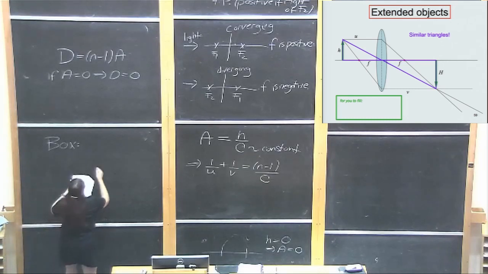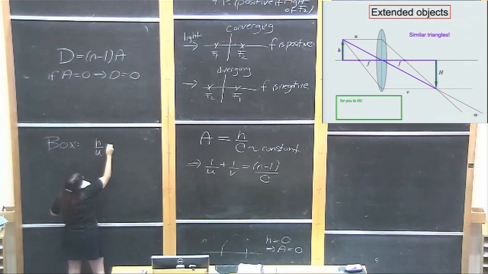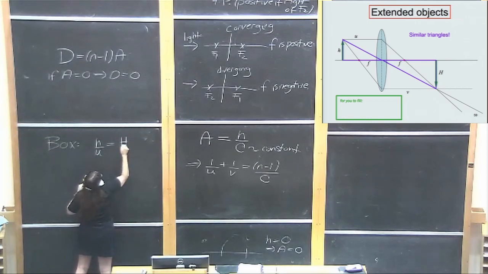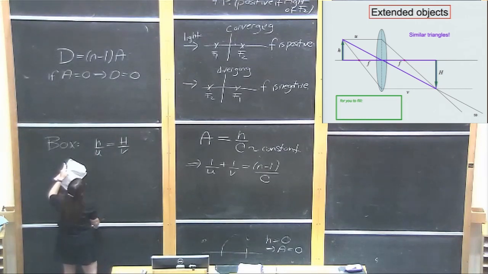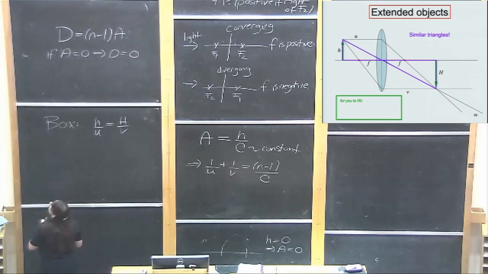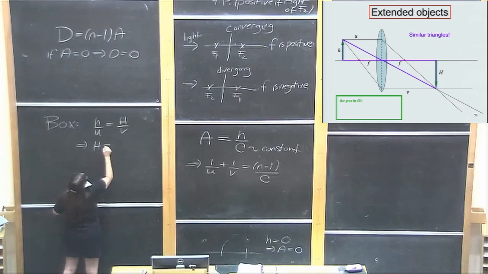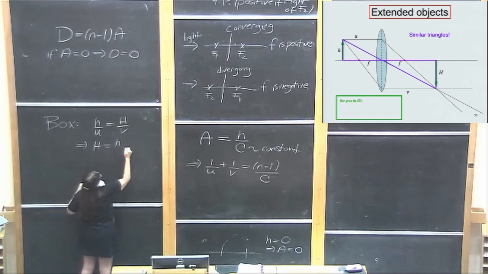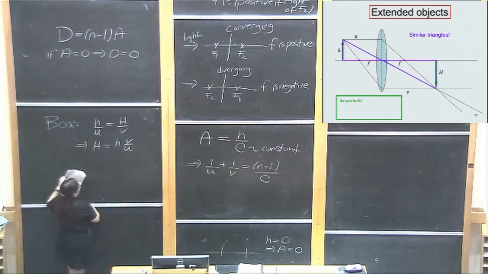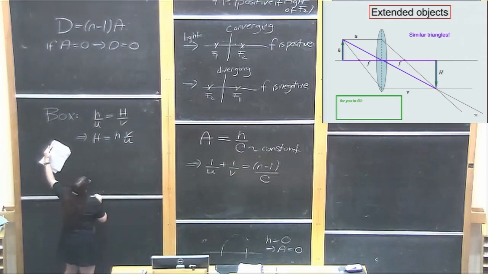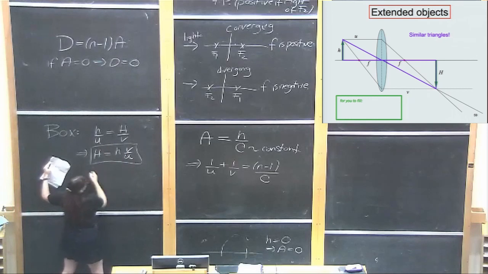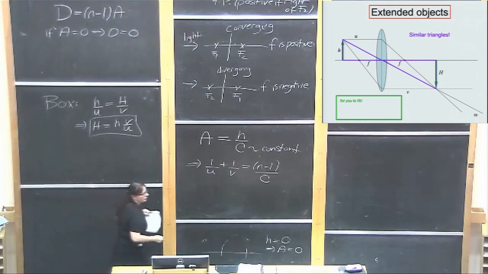The first thing to notice is simply that h over u equals h over v. And so what we're saying is that the height of the image is equal to the height of the object scaled by v over u. I'm going to leave that on the next slide.